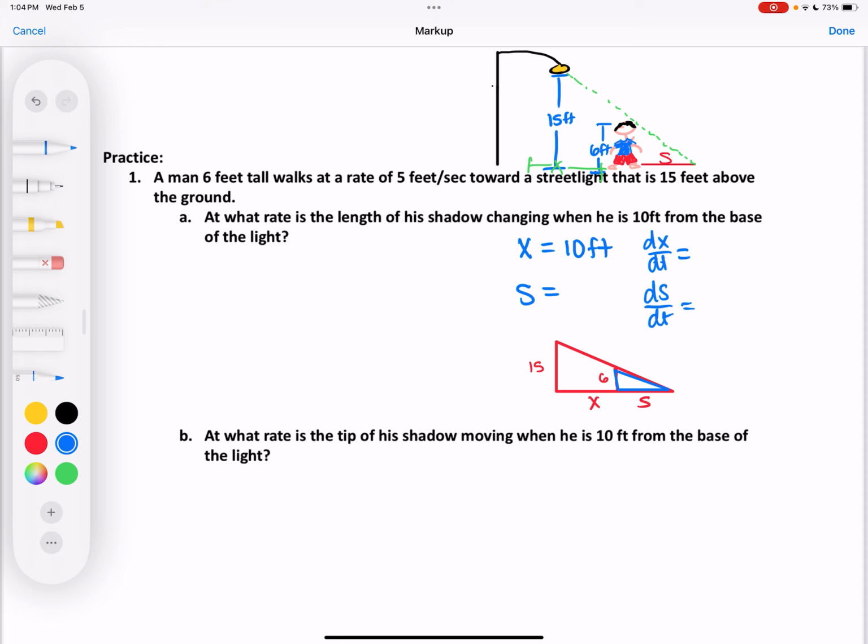So I've got 6 over 15 equals S over S plus X. So that means that 6S plus 6X equals 15S. So 6X equals 9S.